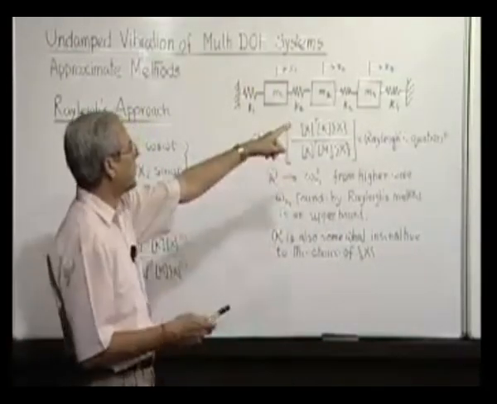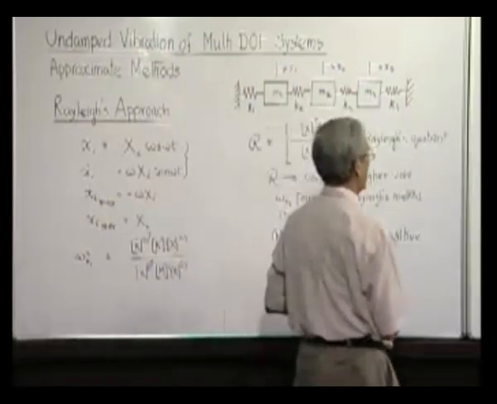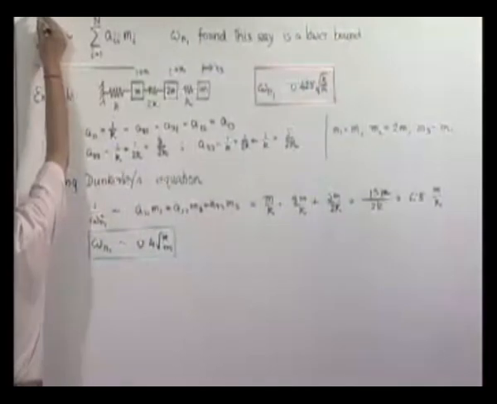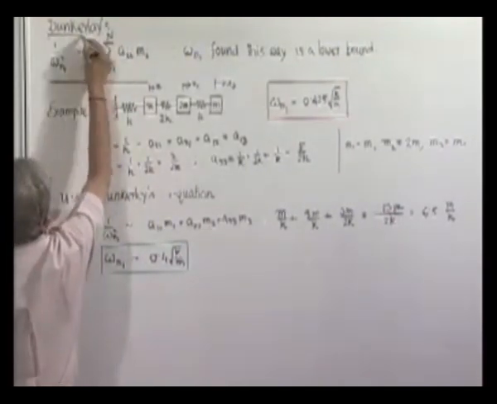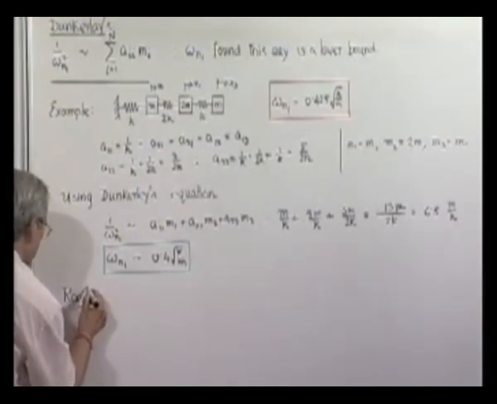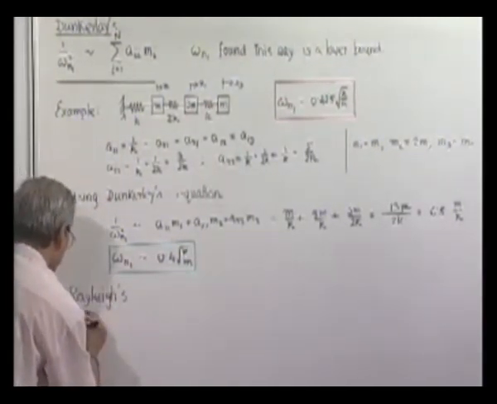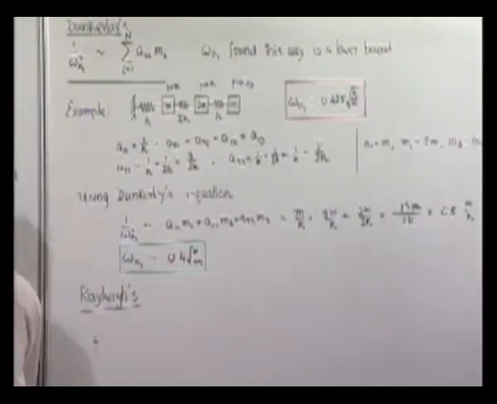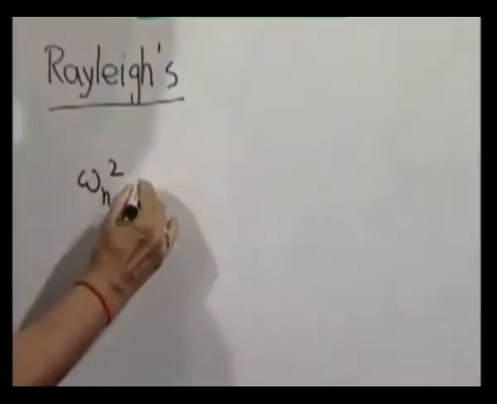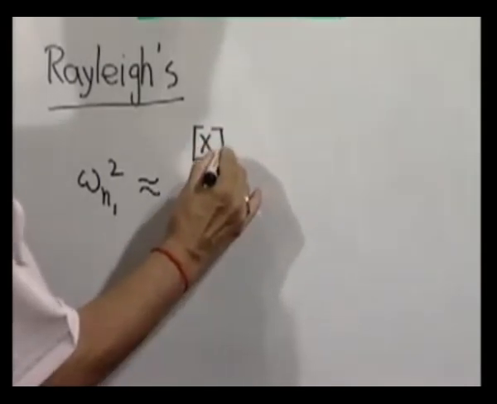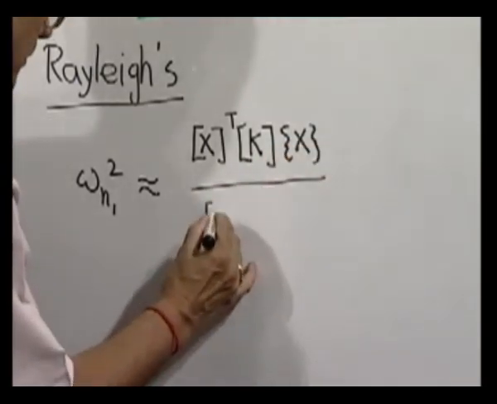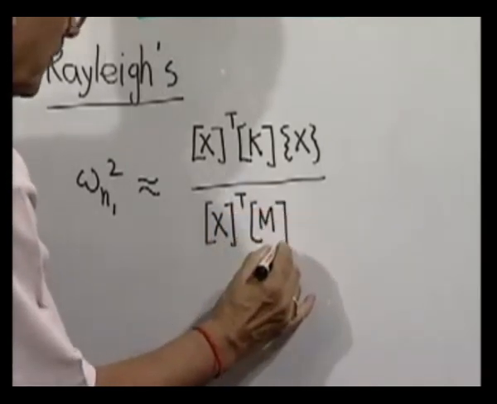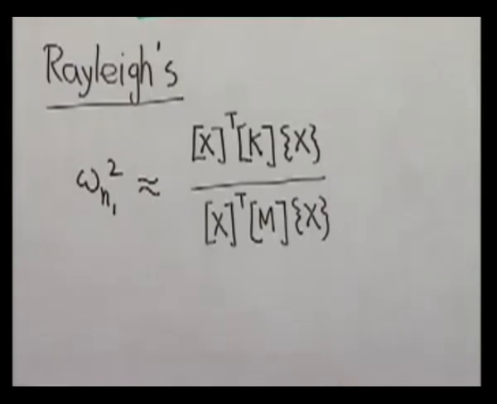So now let us solve the same problem using Rayleigh's technique. So Rayleigh's technique says this is Dunkerley's, and the Rayleigh's will be, so let us find out what we get for solving the same system.